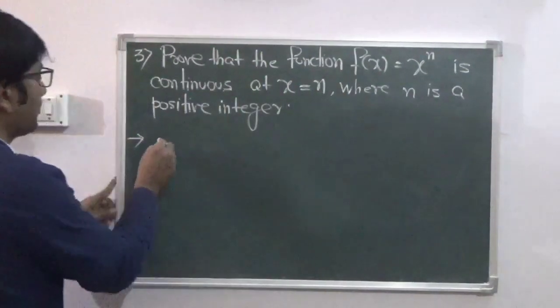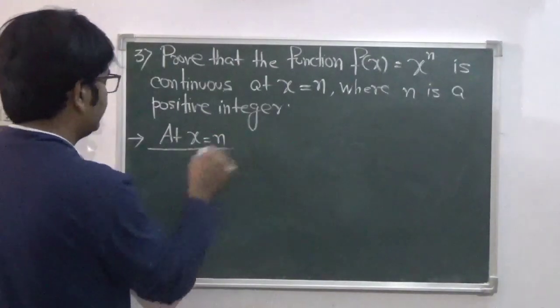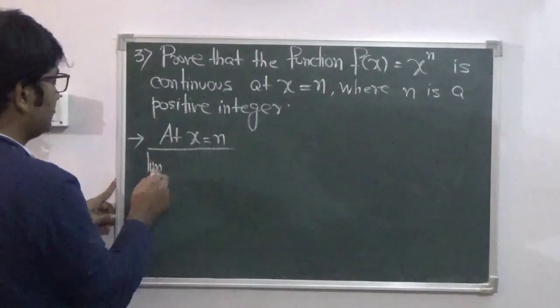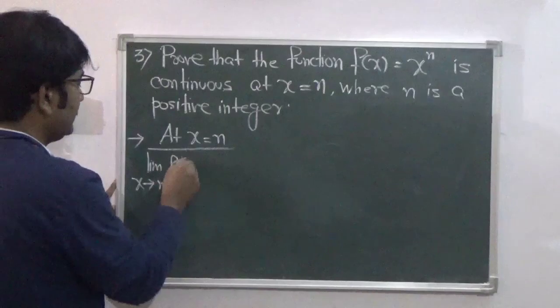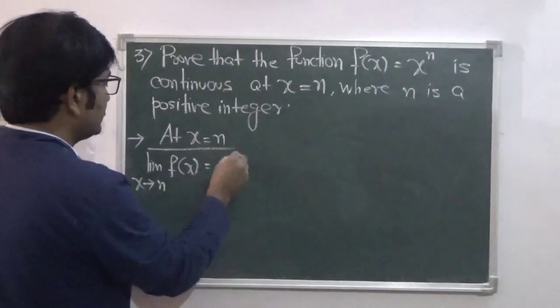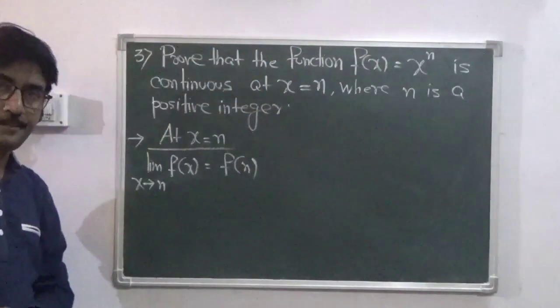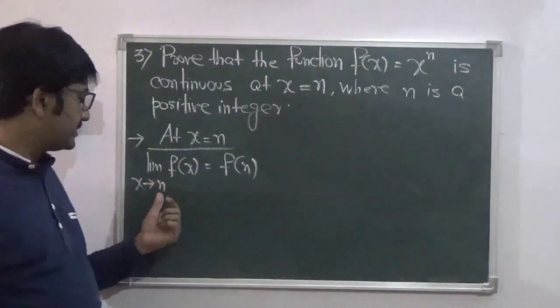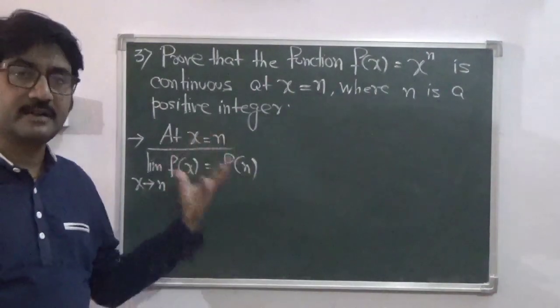So at x = n, limit x tends to n f(x) should be equal to f(n). So for the function f(x) to be continuous, limit x tends to n f(x) should be equal to f(n). So this is the condition.